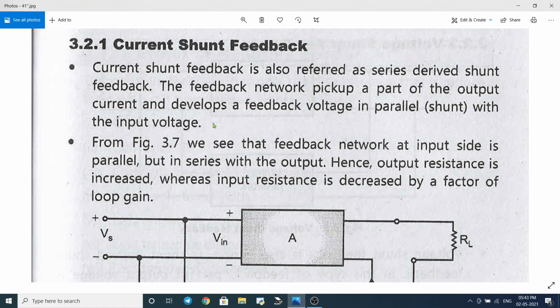As we have seen at the beginning of this lecture, there are four types of feedback. One is current shunt feedback, second is current series feedback, third is voltage shunt feedback, and fourth is voltage series feedback.